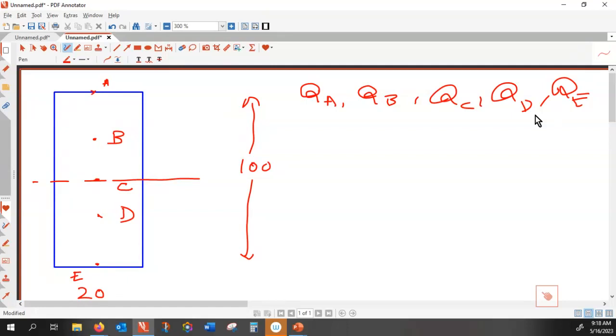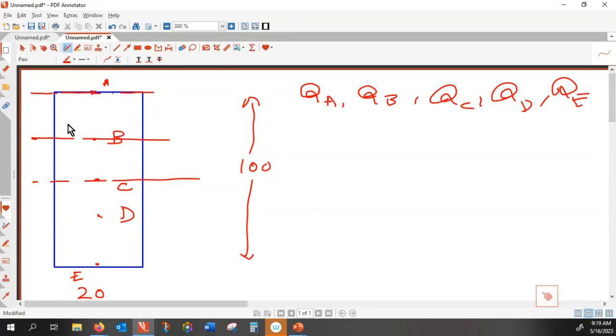To calculate Q, you need a very sharp knife. So this is my knife, and this is like a samurai knife. You just pass it from here to there, and then you manage to split the section into two pieces, upper piece, lower piece. Here, the upper piece is 0. If I pass that sword from here to here, then I will have an upper piece and a lower piece.